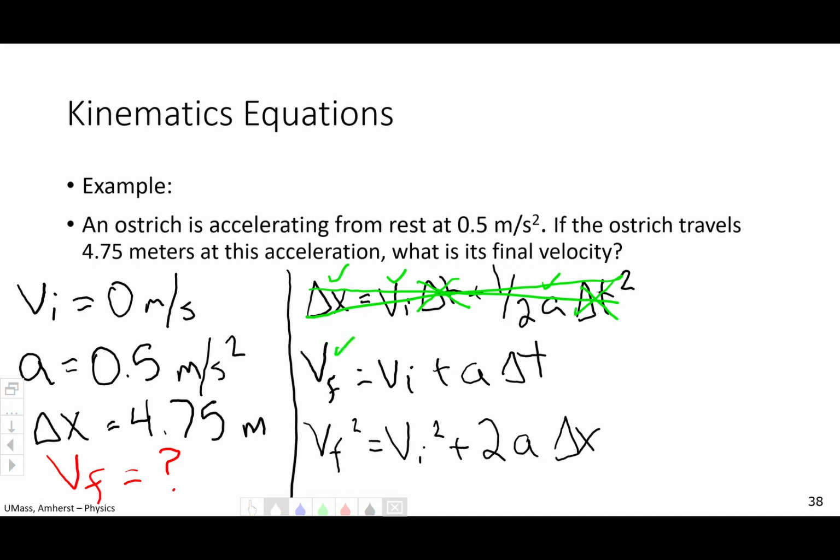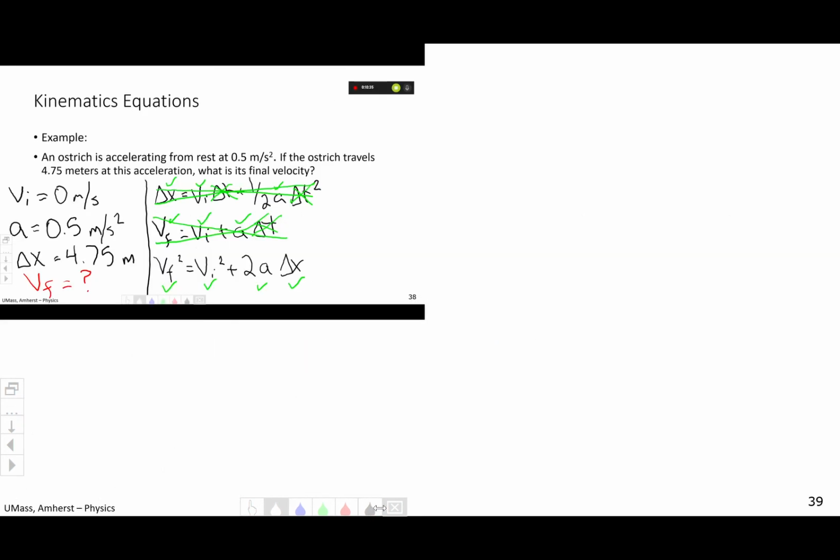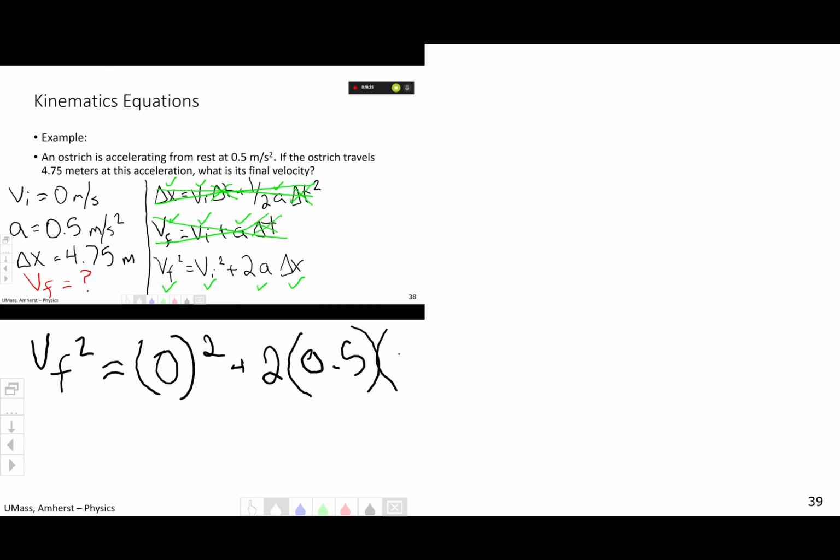Next one, Vf we want, Vi, okay, looks good. A, oh, and no delta t. So that one's out. Let's make sure we can use our final one. Vf we want, Vi we have, A we have, delta x we have. So let's go ahead and use this guy. So our Vf squared equals our Vi, 0 squared, plus 2, acceleration of 0.5, times our delta x of 4.75 meters.